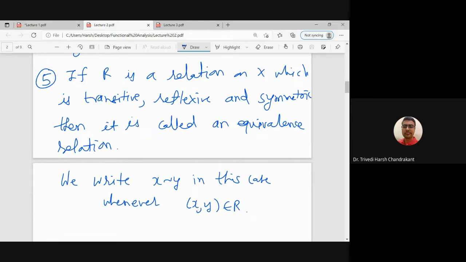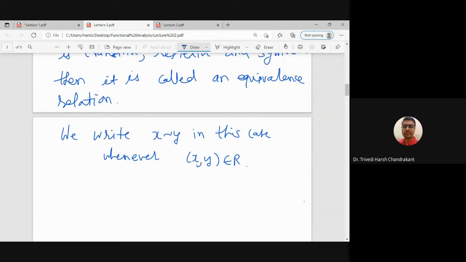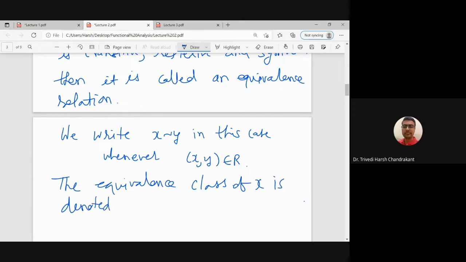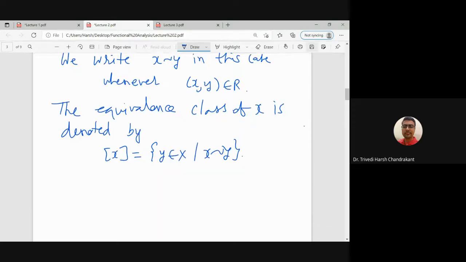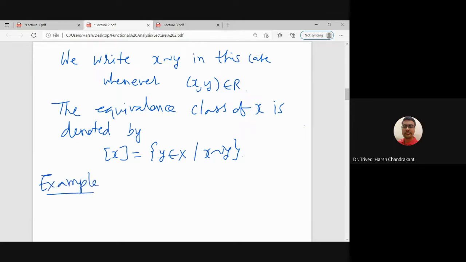So there are many examples. First of all, let me write down the definition of equivalence class. So the equivalence class of x is denoted by class of x, right? So that is the set of all elements in X which are related to x.